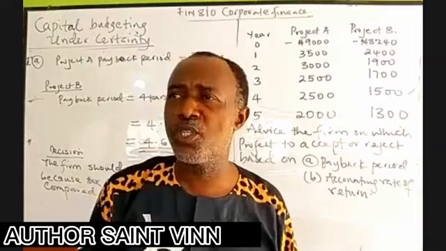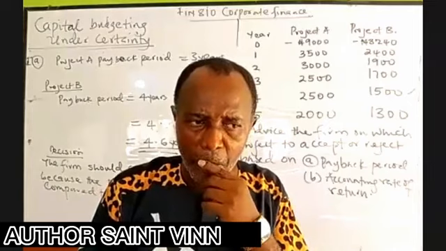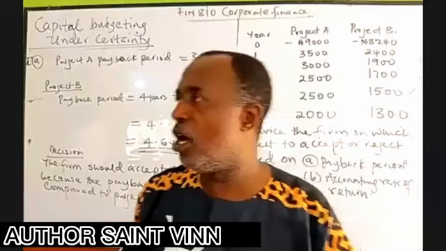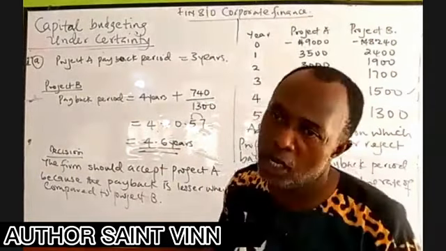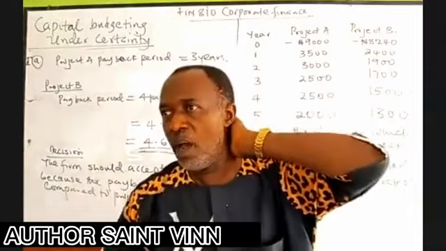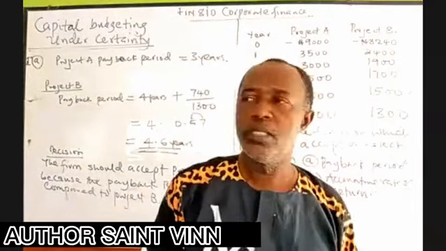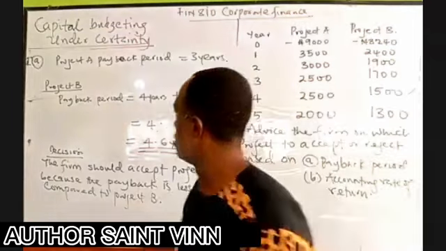It doesn't have any exceptions. No, there's no exception. The one that has the lowest payback period is what you must say. Any other one is not said. There's no other theory. Is it clear?